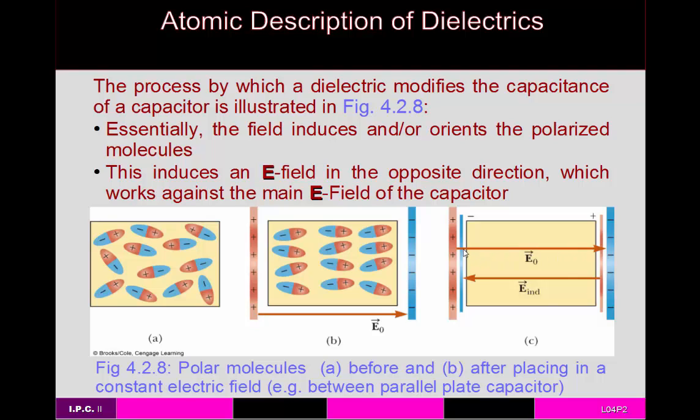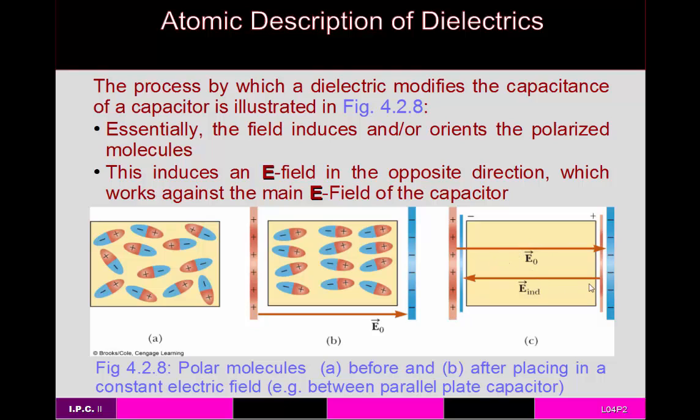And so there are effectively two fields that exist within this capacitor between the two parallel plates. One is the initial field set up by the original capacitor itself, that is the delta V over delta X field. The second is an induced field, which is in the opposite direction and is of lesser magnitude than the initial field.